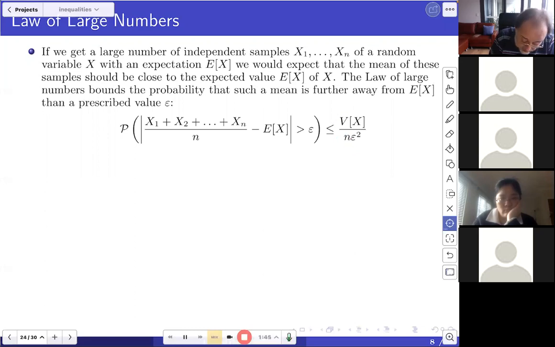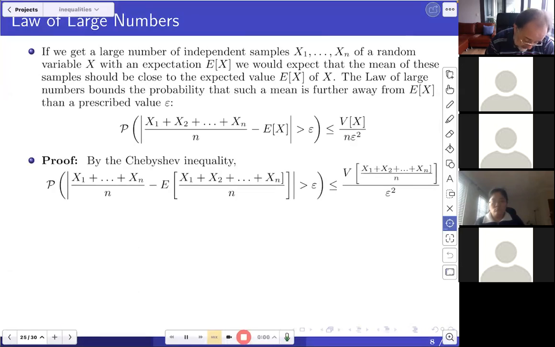So if you double the number of measurements, your probability of error being, say, more than 0.1 millimeter of mercury will be less than half of what it would be if you just made n measurements. So why is this a consequence of the Chebyshev inequality?